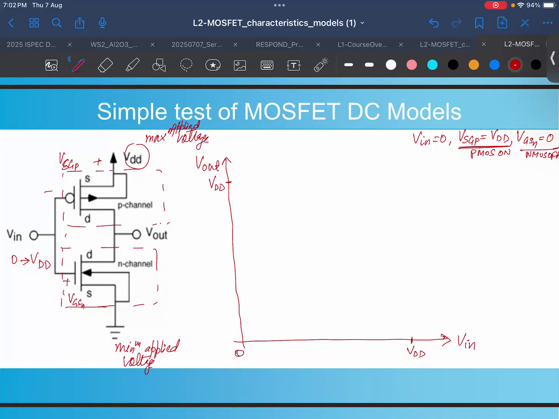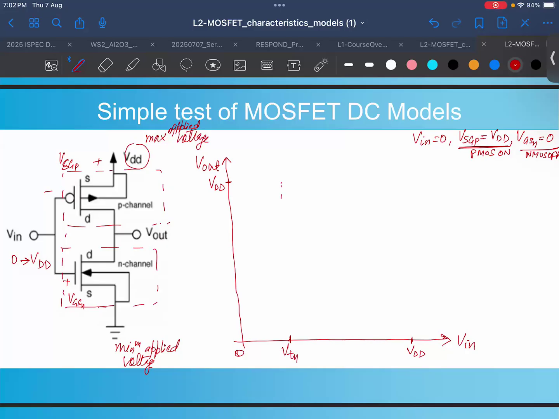Now if we increase V in, does it remain VDD or does it change? The question is when the NMOS gets turned on, because V out will remain VDD until the NMOS turns on, since until then there is no path to sink. The NMOS turns on when VGS becomes equal to VT, that is, when V in becomes equal to VTN.